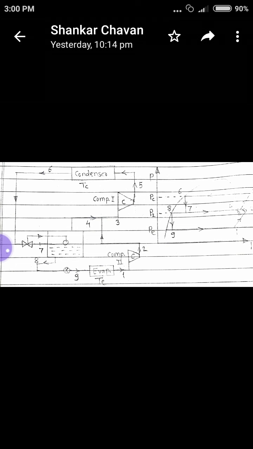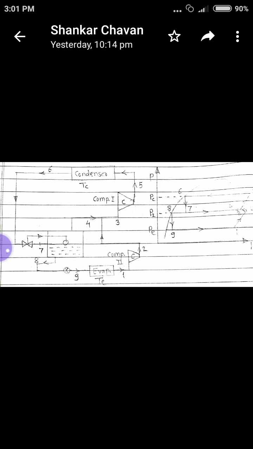Whatever flash gets separated in the flash chamber is supplied to the second stage compression. If you see the diagram, from point 4 that flash is supplied to the compressor, and the liquid refrigerant which is at the bottom of this flash chamber is supplied to the evaporator.